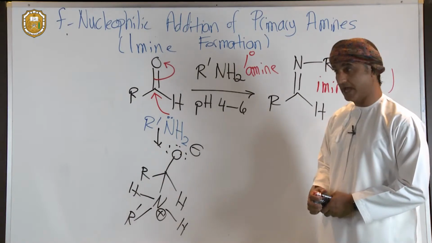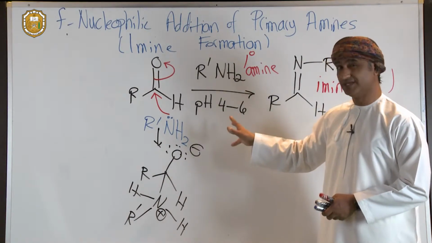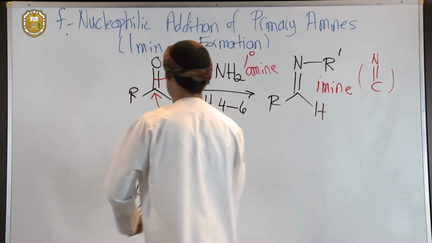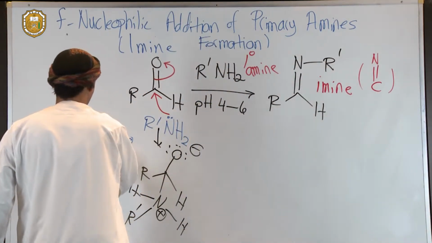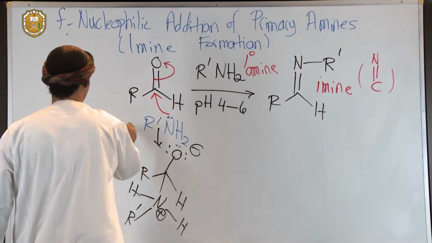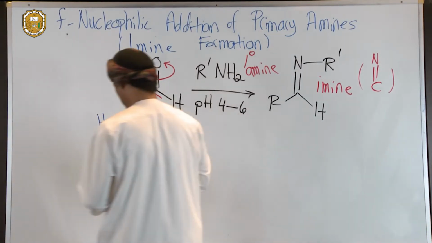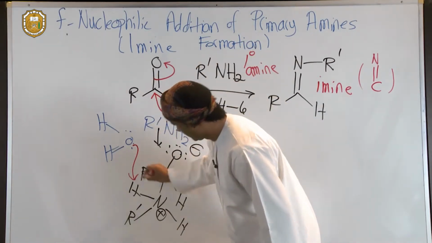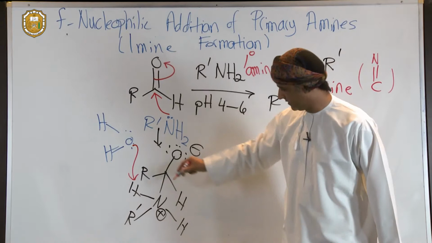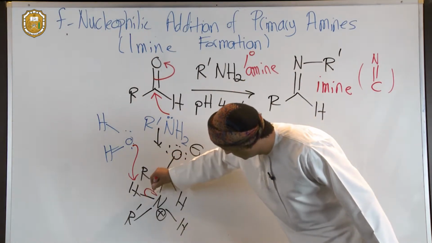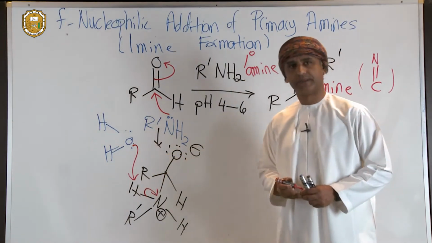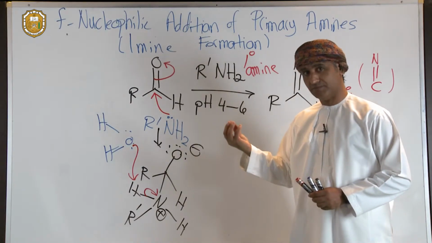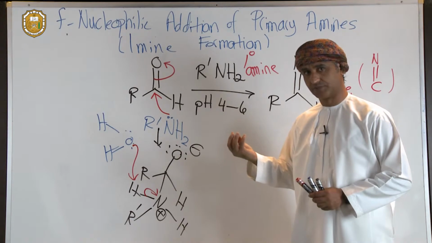What's going to happen next is that water, being in the medium now, will come and take off one of these hydrogens. So water will come and take off that hydrogen, and the hydrogen-nitrogen bond will then be broken. As a result, some hydronium ion is actually produced.